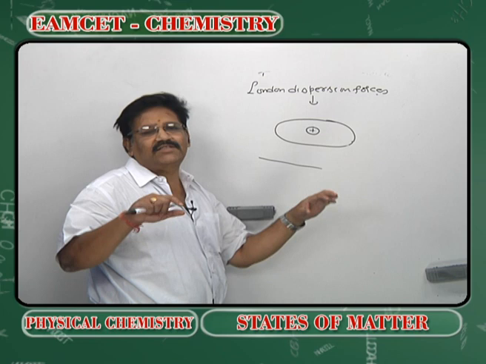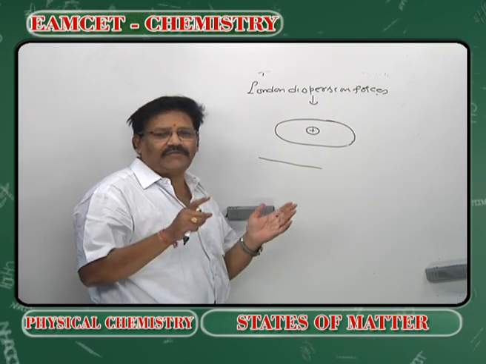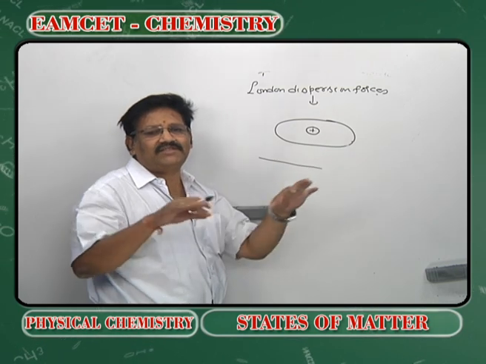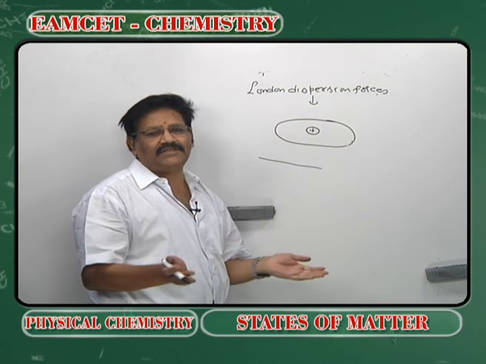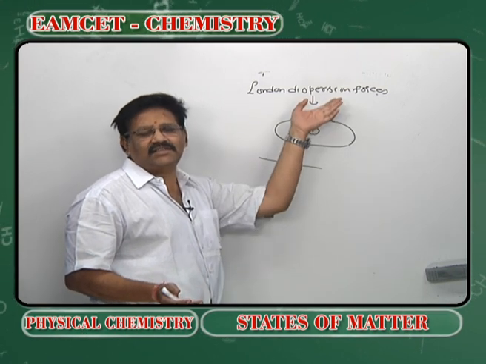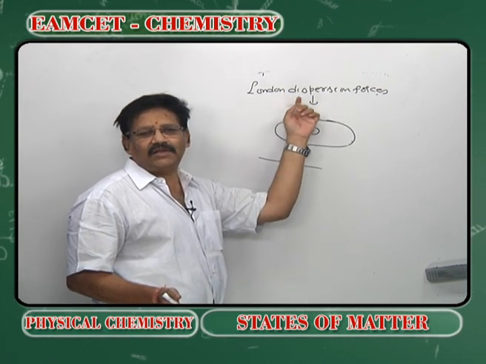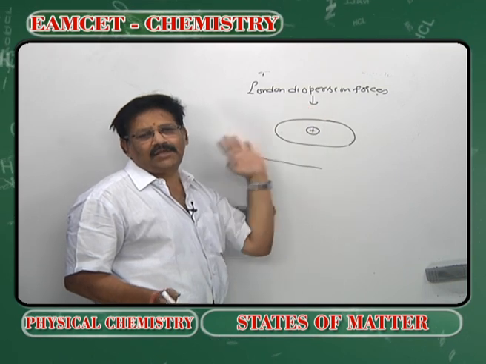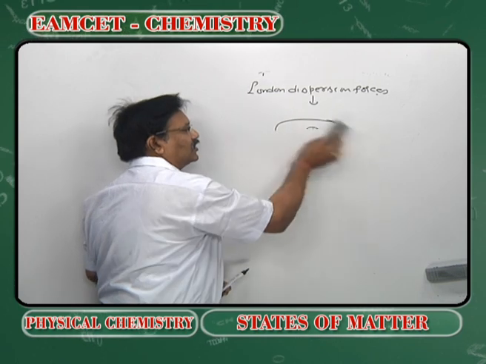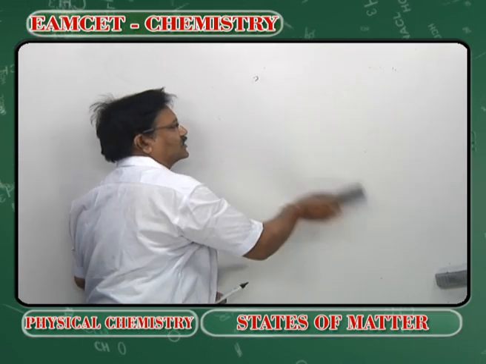Among alkanes of the same molecular weight, if branching takes place, what will happen? The surface area decreases. When the surface area decreases, the strength of the London dispersion forces will be reduced. This is briefly about the strength of the types of intermolecular forces.